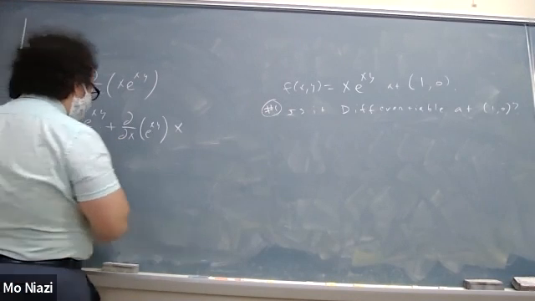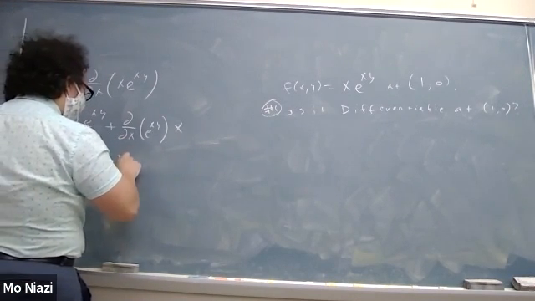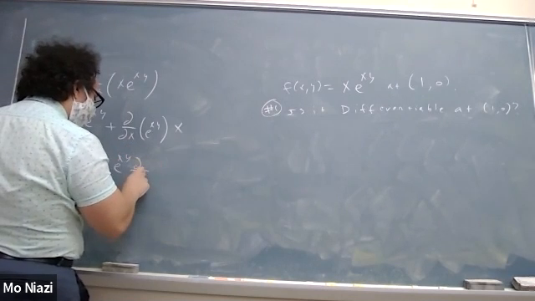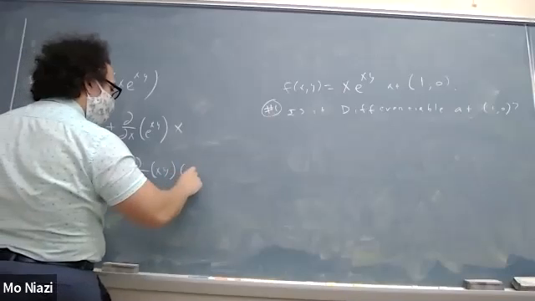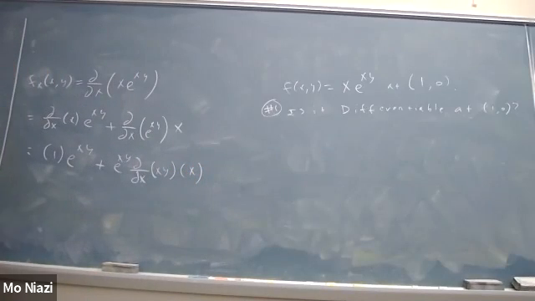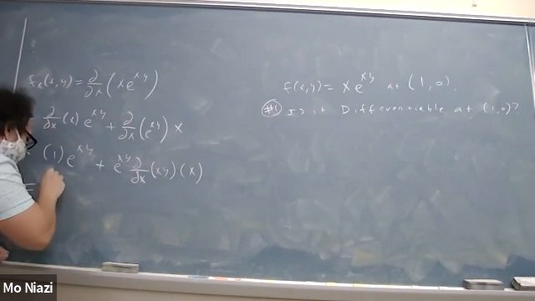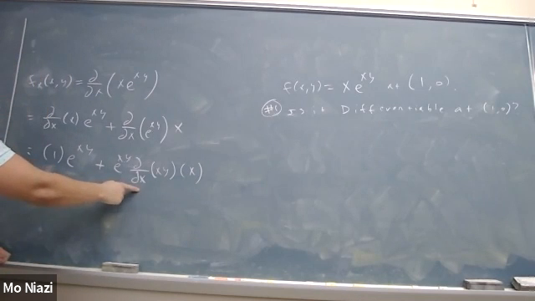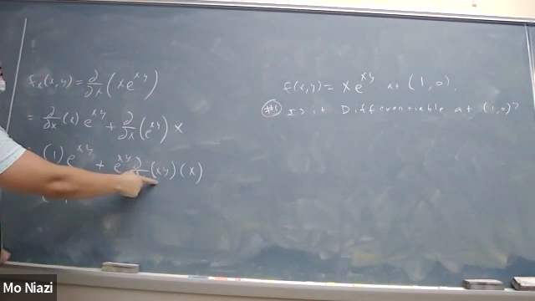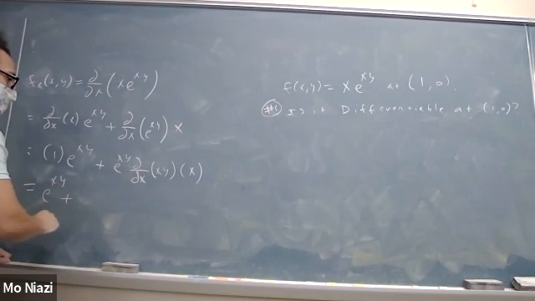Well, e to the anything is just itself, but then we have to do the what? The chain rule. Yep, the chain rule. And when we do the chain rule, now partial x of xy becomes just y, right? So then this becomes y times x times e to the xy.